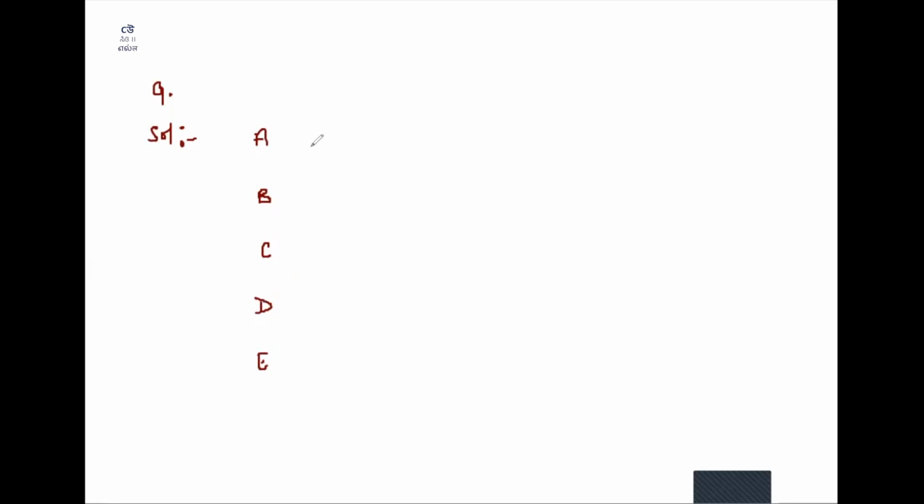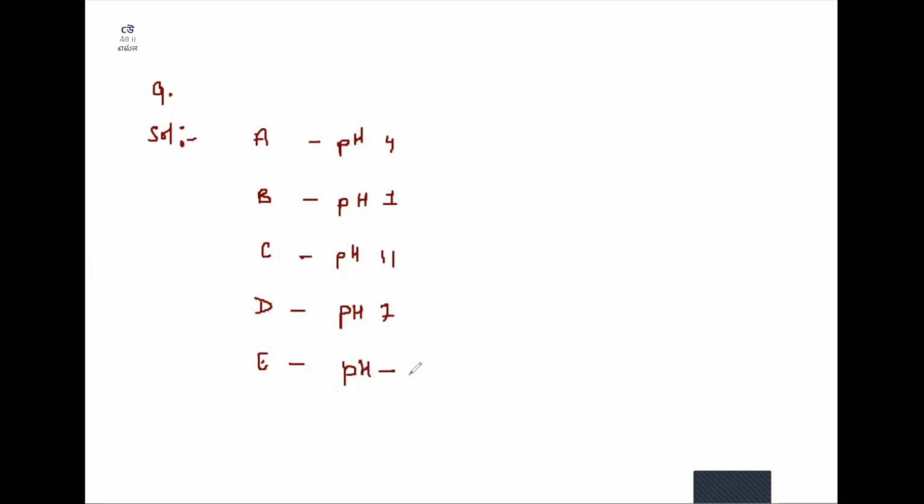A will have a pH value of 4. B will have a pH value of 1. C will have a pH value of 11. D will have a pH value of 7. And lastly, the solution E is going to have a pH value of 9.